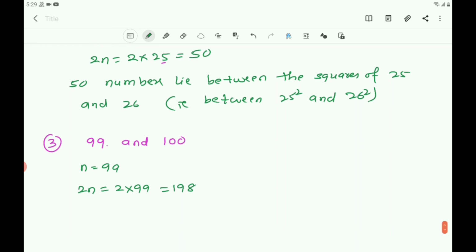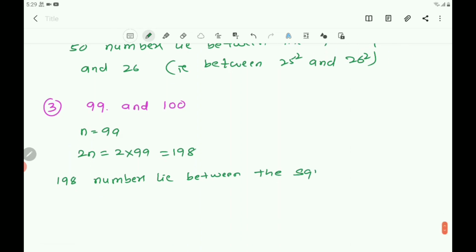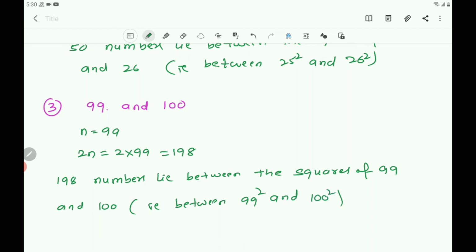How many numbers lie between the squares of 99 and 100? 198 numbers lie between the squares of 99 and 100, that is between 99 square and 100 square. 198 numbers lie between 99 square and 100 square.